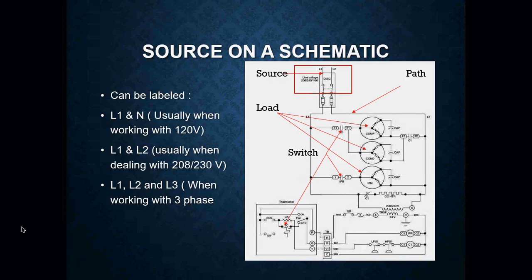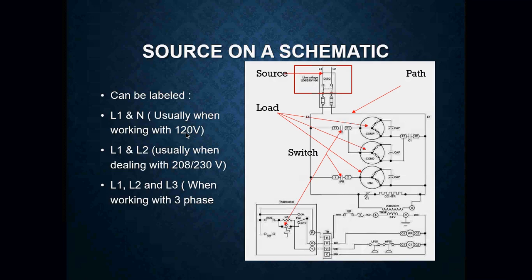So, sources on a schematic. This is a breakdown of an HVAC schematic where we will locate our sources, our paths, our switches, and our loads. Our power sources on our schematics can be labeled either L1 and neutral, which usually signifies that we are working with 120 volts.